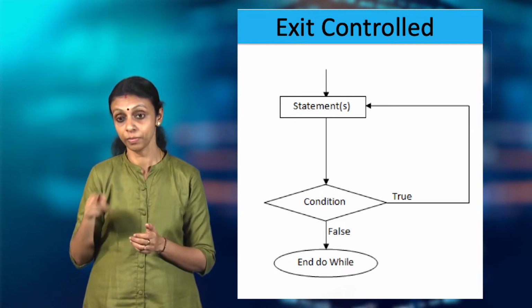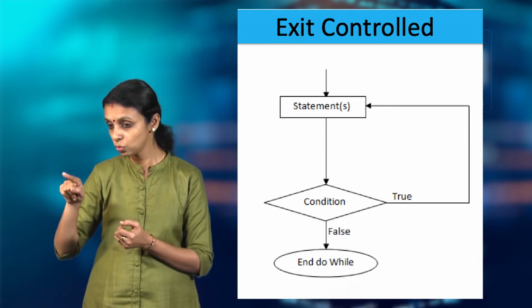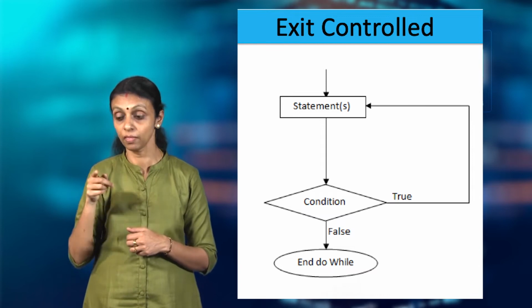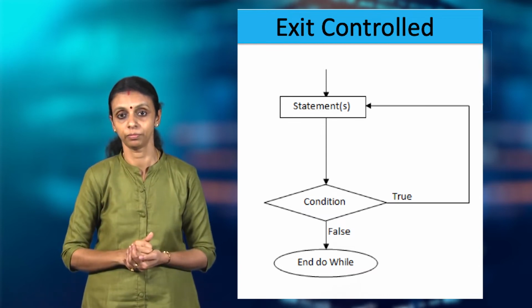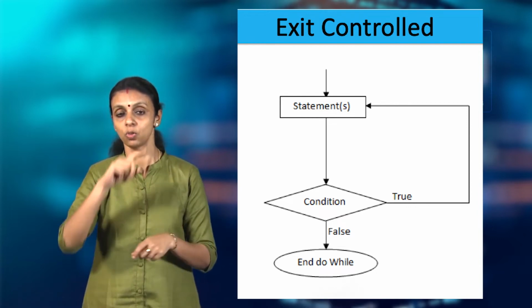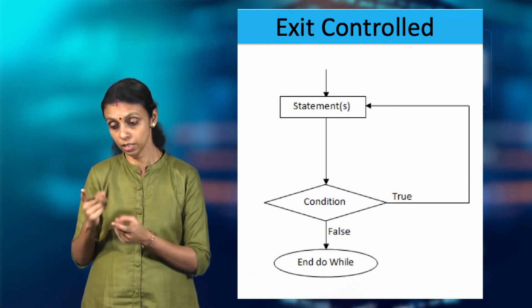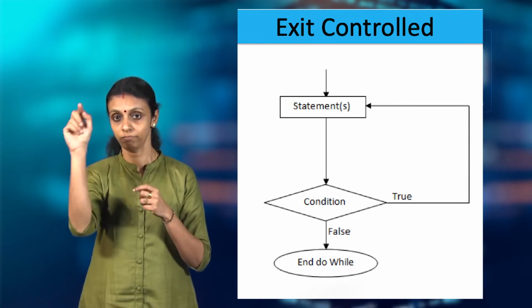If the condition is true, the statements inside the block are executed again. This continues till the condition becomes false. This is known as exit controlled loop because the condition is checked after executing the statements inside the block.